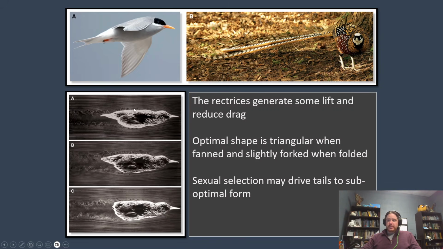It's a sequence in an air tunnel, and you can see the airflow over the bird in three different situations: with the rectrices intact, with the upper tail coverts intact but the rectrices pulled, and then everything pulled. There's basically just a stubby butt left behind, and what you can see is the vortices of air coming off the bird get more erratic toward the back of the bird, and maybe to some extent over the top of the bird, but definitely toward the back, as you remove tail feathers.